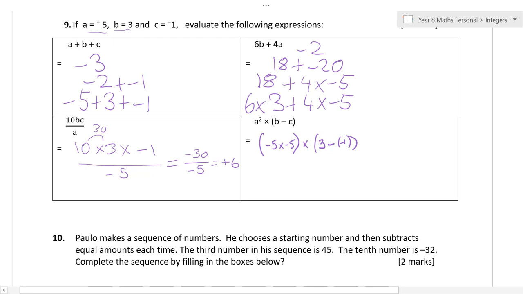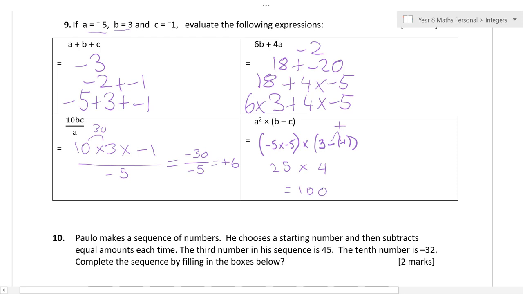So first you do -5 times -5, which is +25. And then you do 3 minus -1, and because it's two negatives, it becomes a positive. So it's just 3 plus 1, which is 4. And then you do 25 times 4, which is 100.